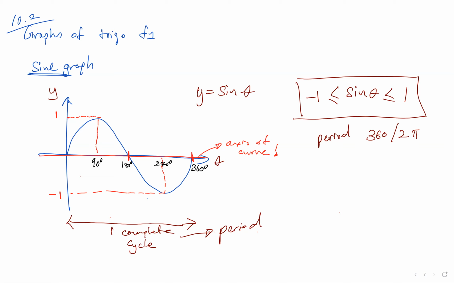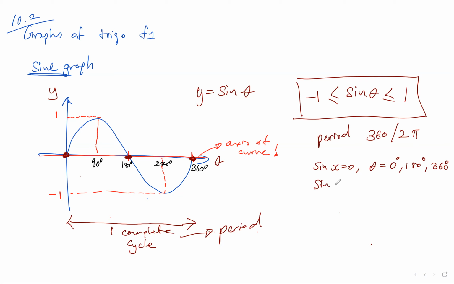Okay, what else? We should also know that maximum, minimum, already said. Okay, so when sine x is equal to 0, what are the values of theta? It's 0, 180, and 360. So I'm talking about this, and this values.